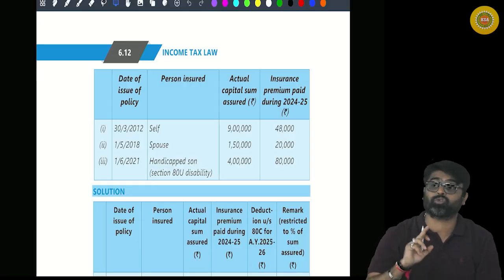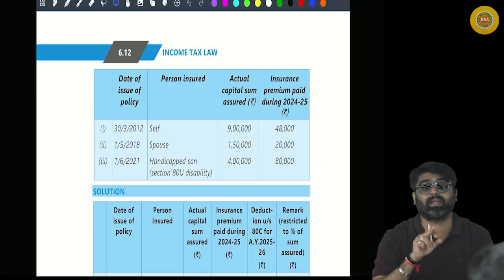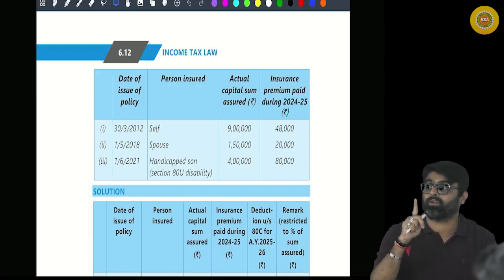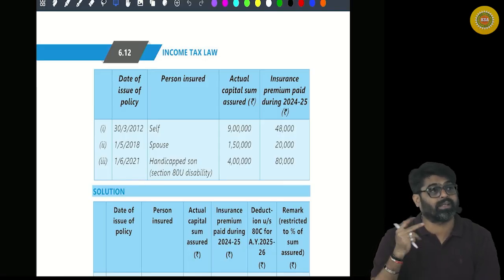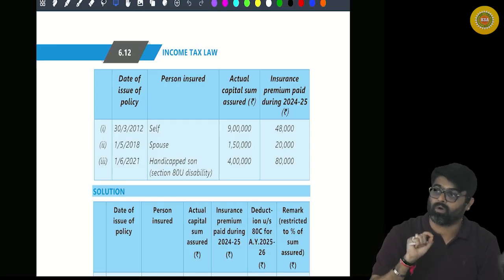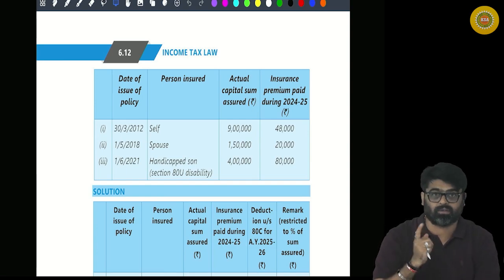But that premium should be within limit, and I have already told you those limits. 20% of the capital sum assured if the policy is taken on or after 1st April 2003 till 31st March 2012. If the policy was taken on or after 1st April 2012, then 10% of the capital sum assured.